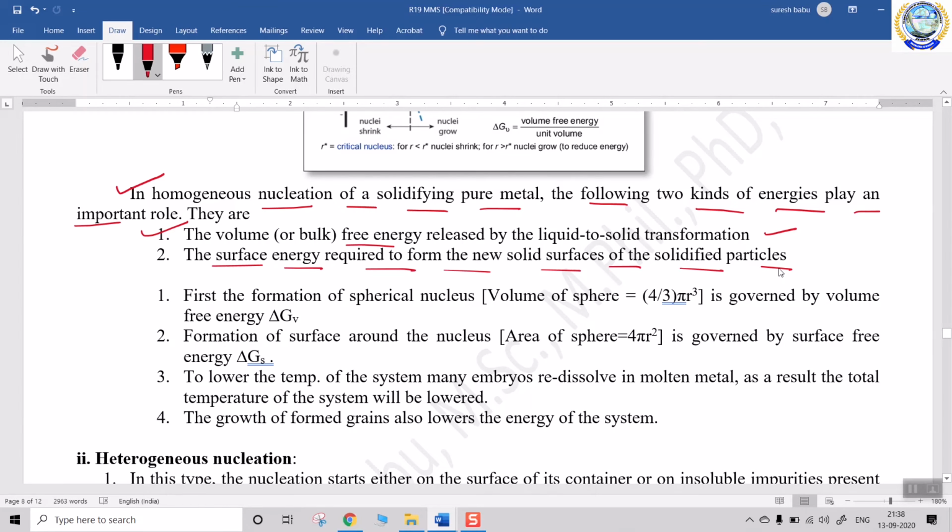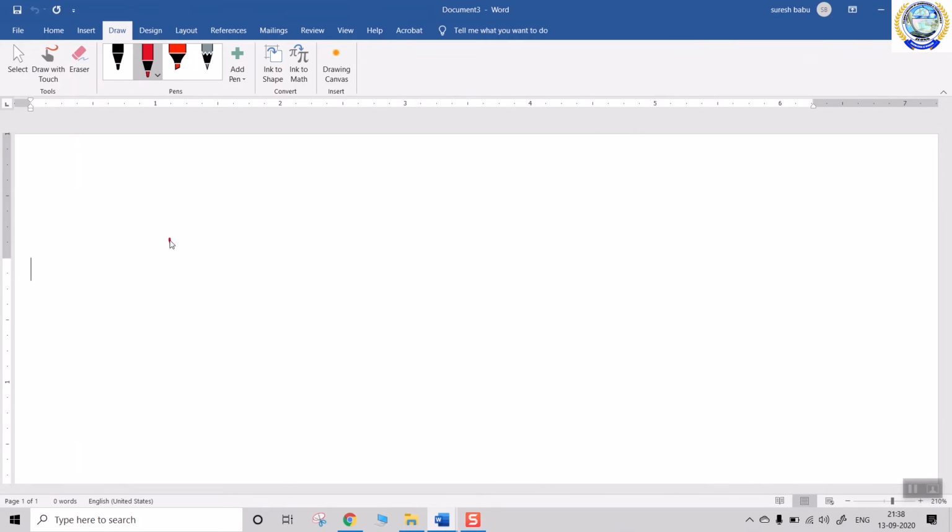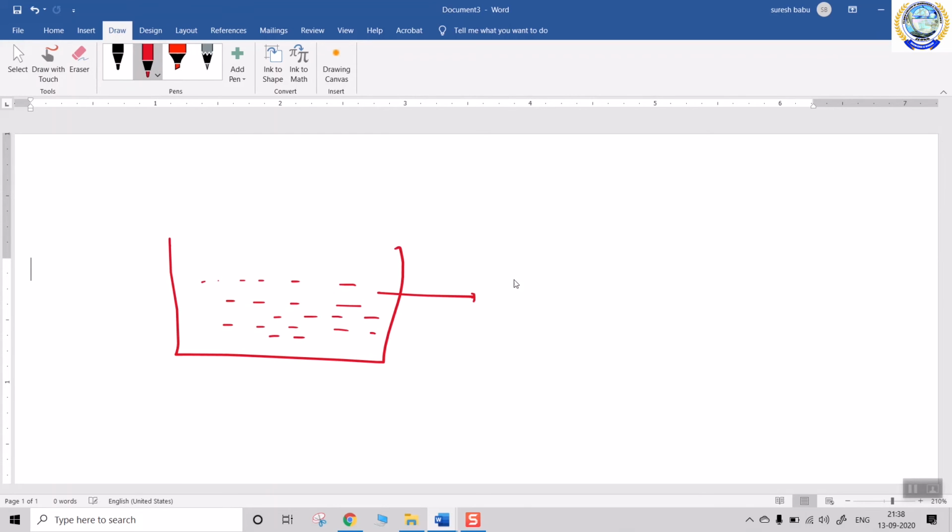I'll explain clearly. You please see here, it is the liquid. First, this liquid has to transform into a solid, even at a small place. So for this purpose, volume free energy is used. After the formation of a solid, that means this particle, what it has to do?